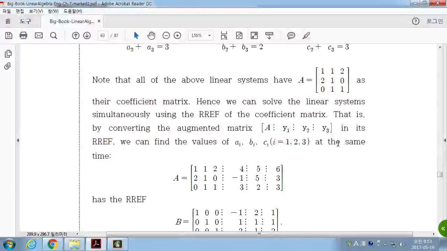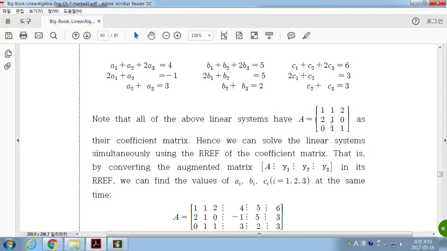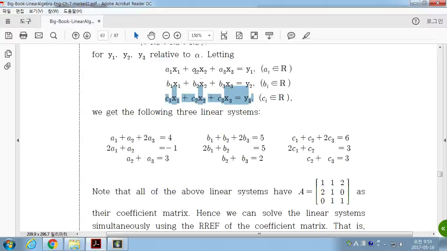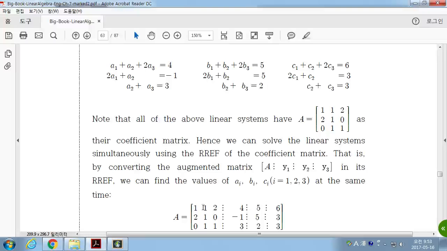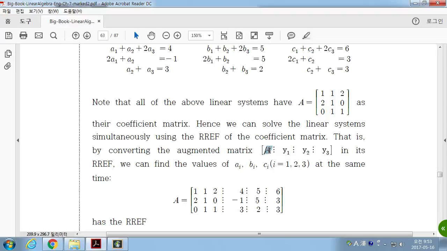Okay? So how are you going to solve it? From here, this matrix A is here. You can find the A1, A2, A3 by just solving this. You can find the B1, B2, B3 by solving the augmented matrix of A and y2.